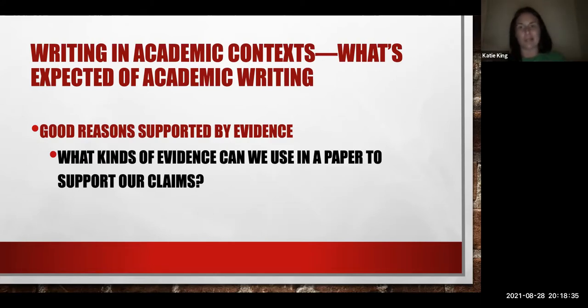That's what Google is in the academic context. It's like showing up to the Met Gala in a Target t-shirt. Again, yeah, it kind of does the job, but you've totally missed the point, right? And you're totally out of your league. So avoid Google, but again, use your toolbox and think of kinds of evidence we can use in a paper to support our claims.